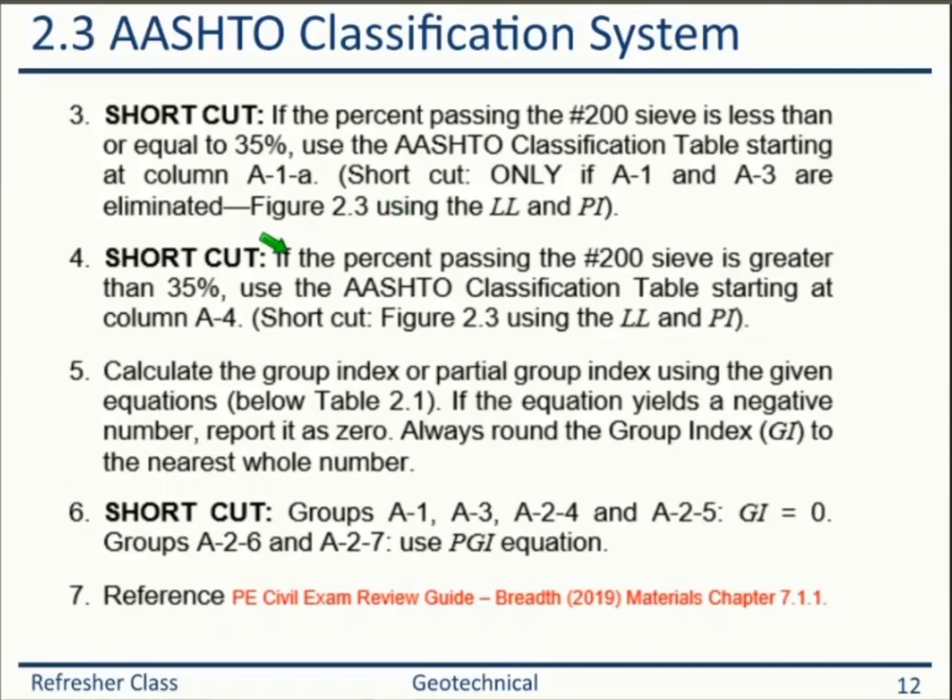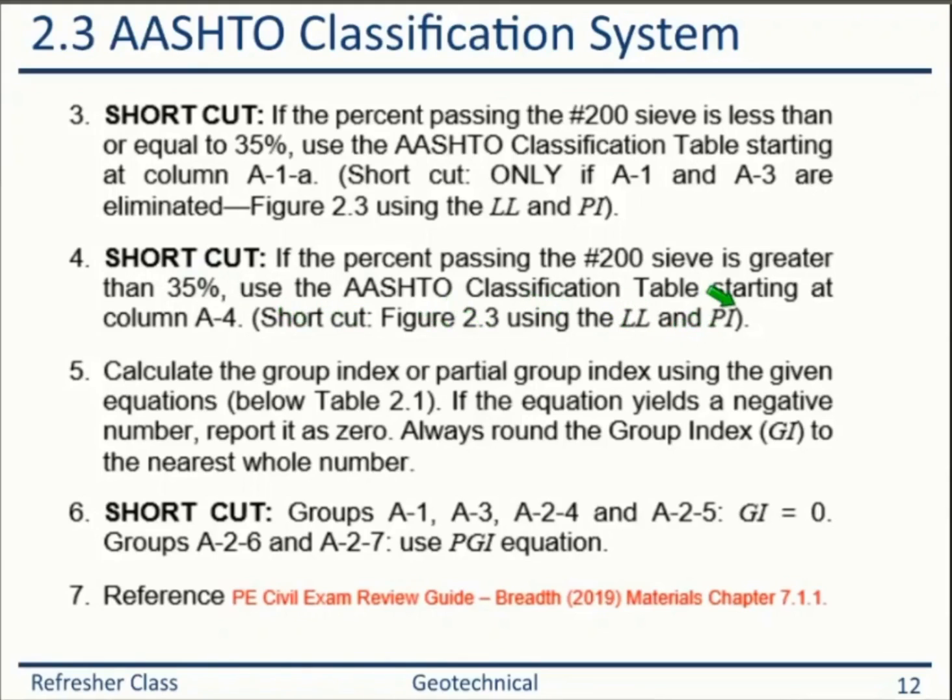Another shortcut: if the percentage passing through the number 200 sieve is greater than 35%, then go to A-4 and use your process of elimination starting on the left and move to the right. Or as a shortcut, you could use Figure 2.3 using liquid limit and PI. If your percentage passing through the number 200 sieve is greater than 35%, this is pretty straightforward.